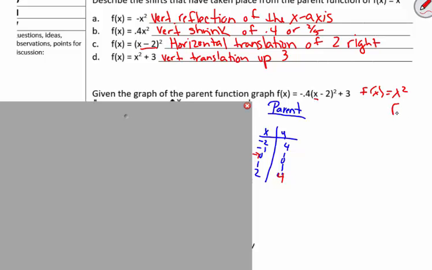So we're going to reflect over the x-axis. What does that mean if you're reflecting over the x-axis? Hopefully you said that all that's changing is the y's. The y's become negative. So basically what we're going to do is come up with a table for the negative x squared.